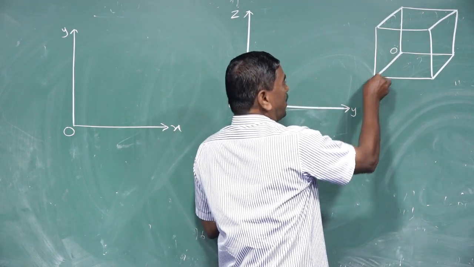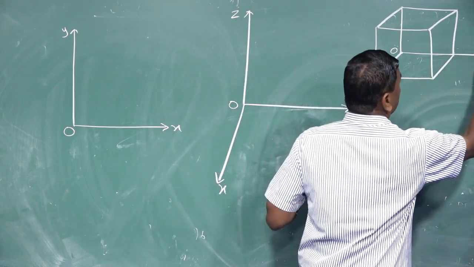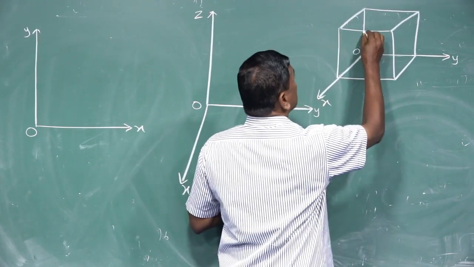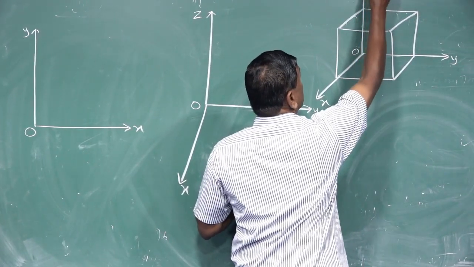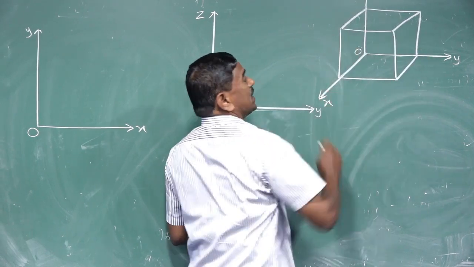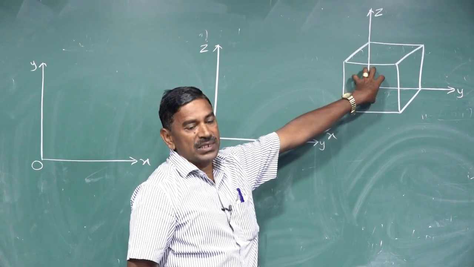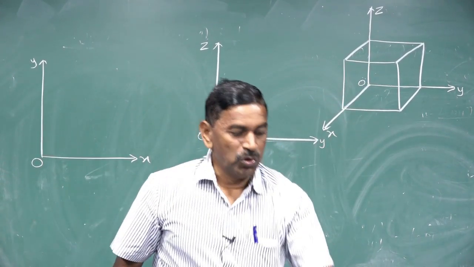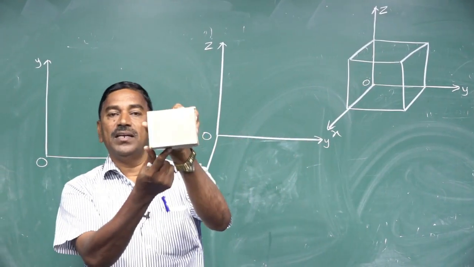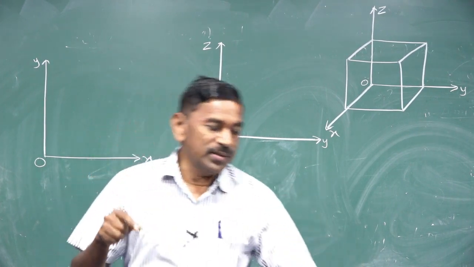Extend downwards, which is the x-axis, extend this edge rightward, which is the y-axis, and extend this edge upwards, which is the z-axis. So the x-axis, y-axis, and z-axis are perpendicular to each other. We want to think of this object in three-dimensional space.